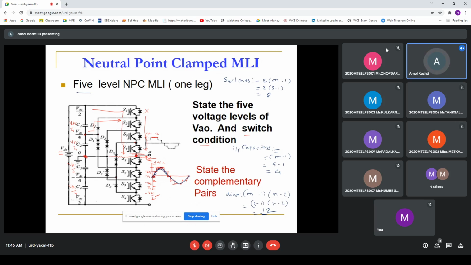S1, S2, S3 are not conducting as much, but S3 dash and S4 are conducting more. So for equal or uniform distribution, we have to use switches of slightly higher ratings than the actual requirement. These are the disadvantages of this neutral point clamp technique.